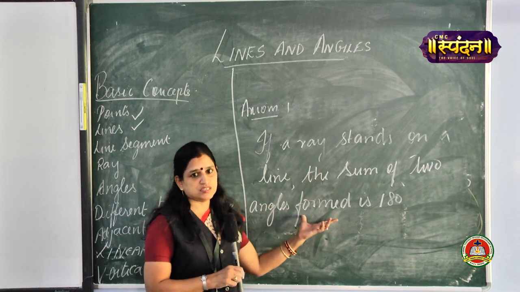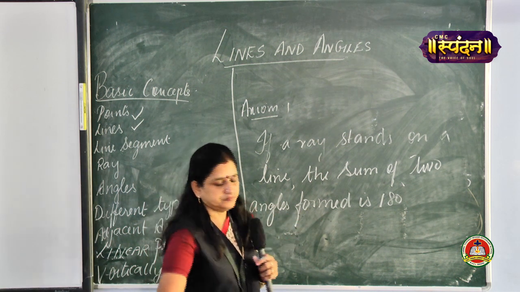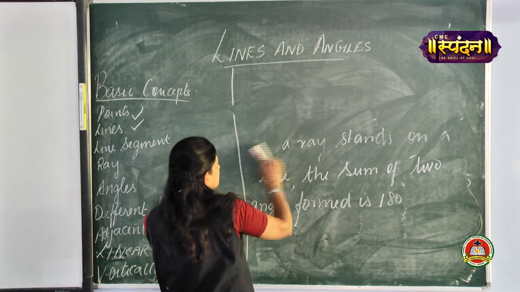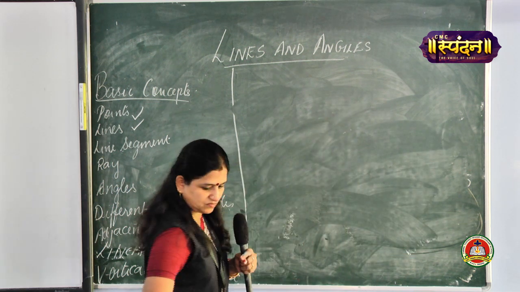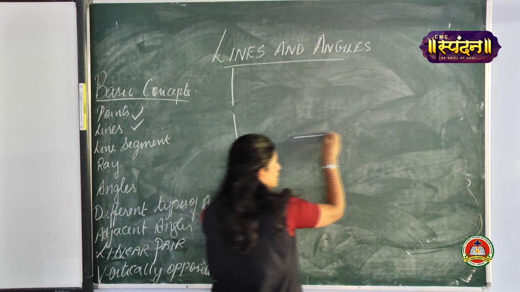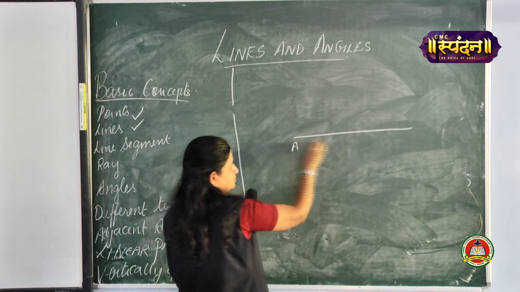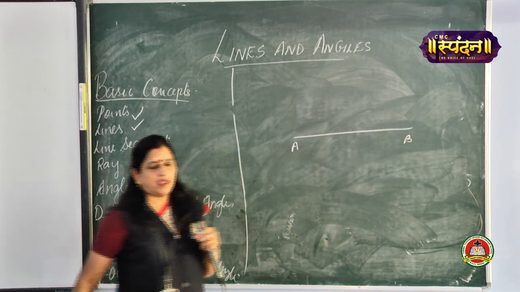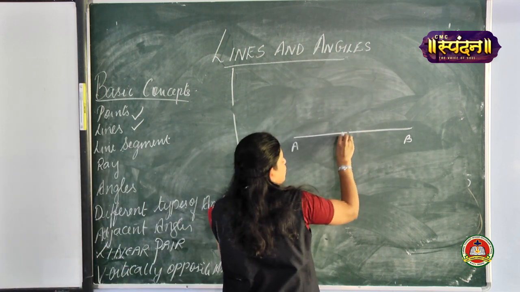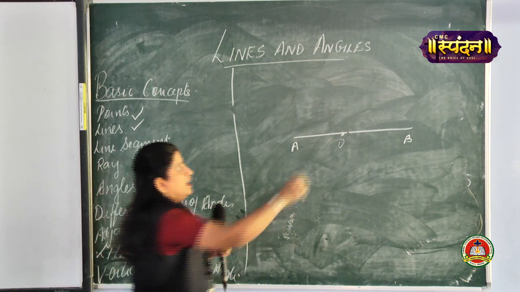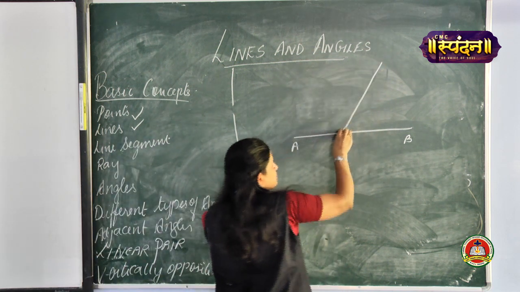So let me prove this now using the diagram. So let us take a line segment over here, AB. AB is a line segment and take a point O on it. OC is a ray over here.